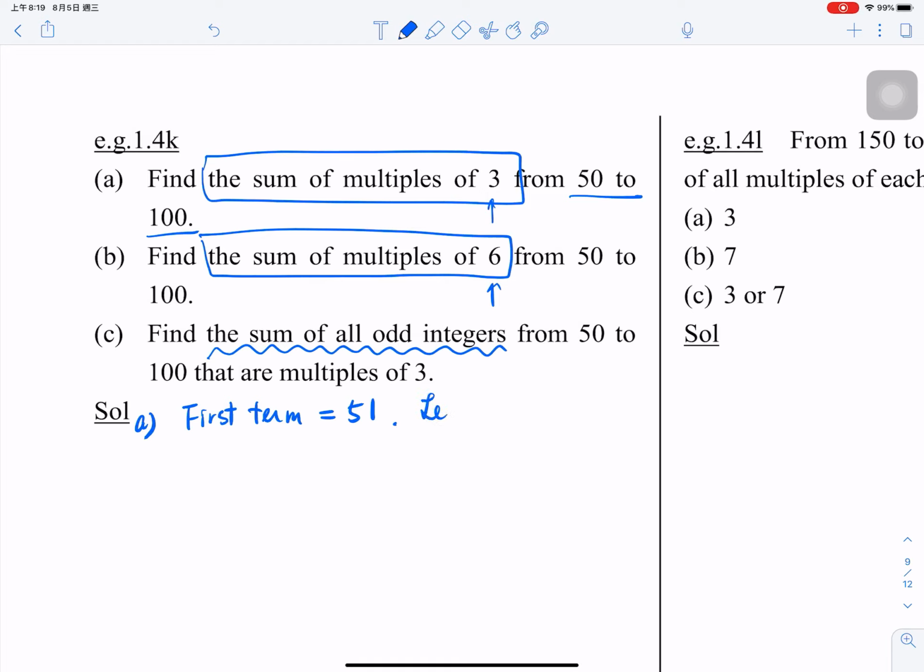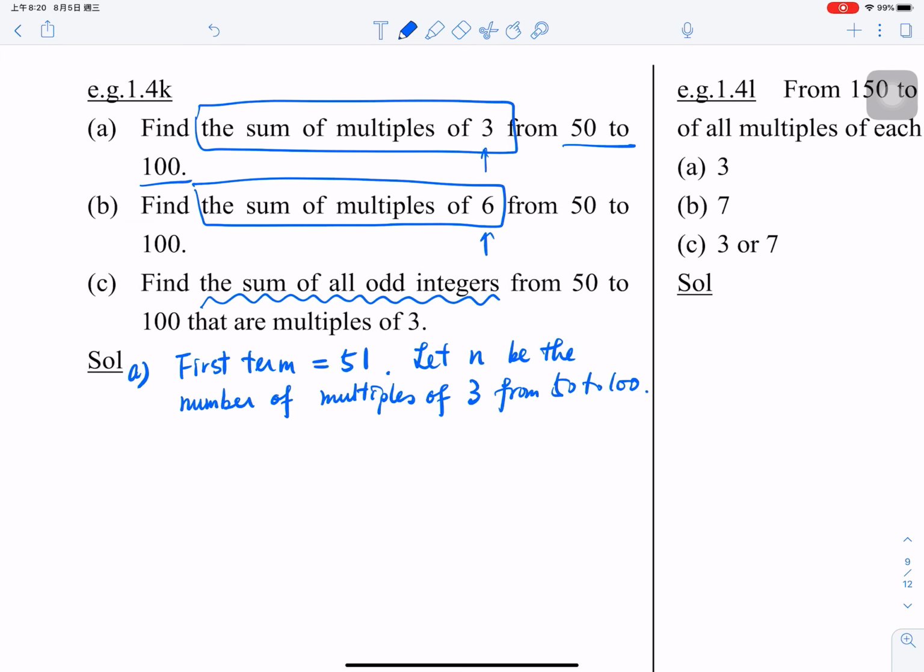And let n be the number of multiples of 3 from 50 to 100, inclusive. That means include 50 and 100 if they are multiples of 3.